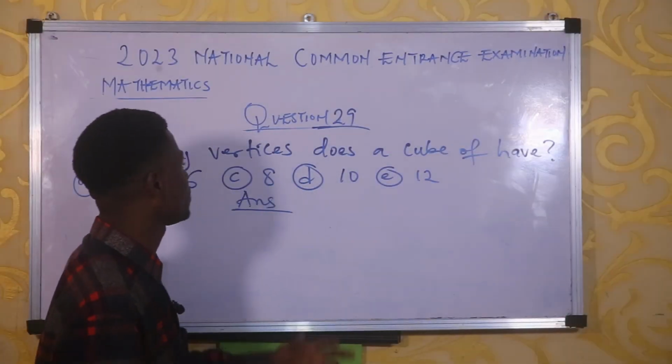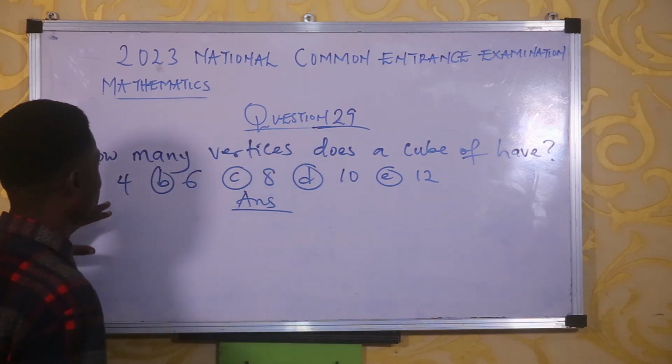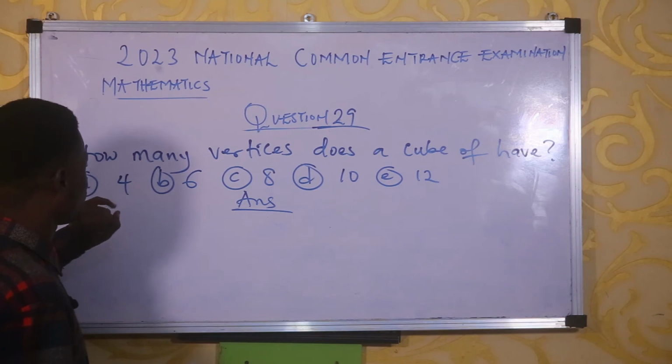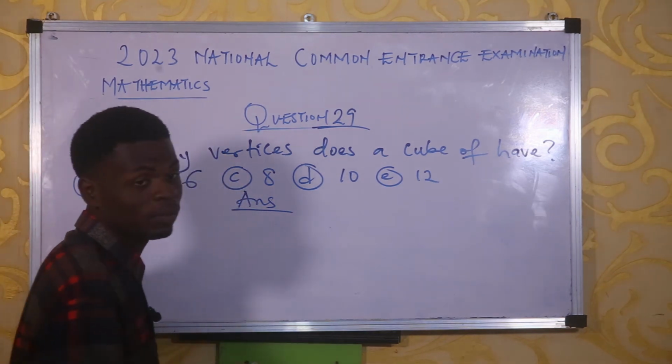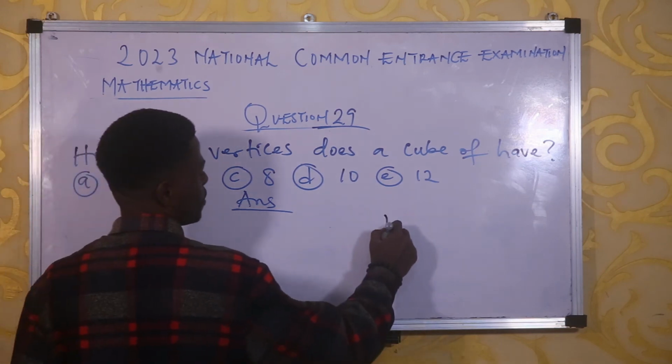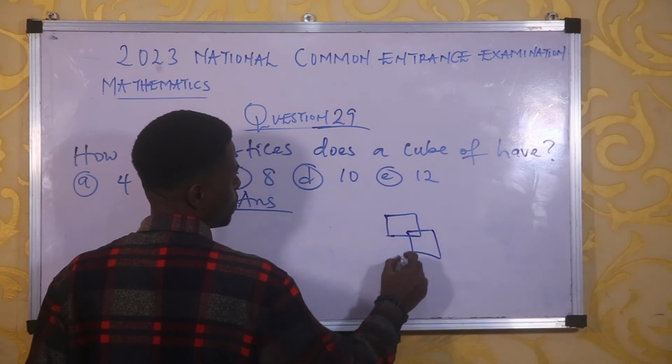Question 29 says how many vertices does a cube have? Option A is 4, B is 6, C is 8, D is 10, and E is 12. Now let's check. Let's say this is our cube. Let me draw our cube.